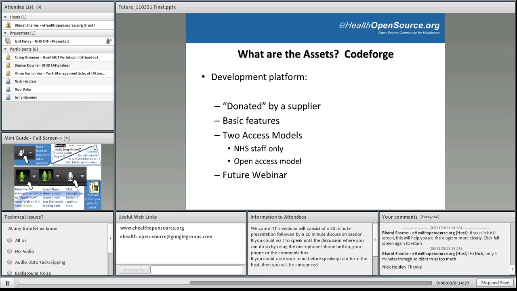The first is really in response to the NHS's request, which was that some organisations feel reluctant at this stage to share open source beyond the NHS. So this model should support that. And then, of course, we will hopefully have a future webinar in which we will be able to demonstrate this.